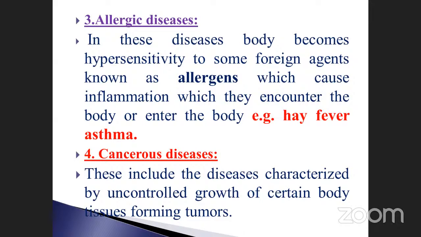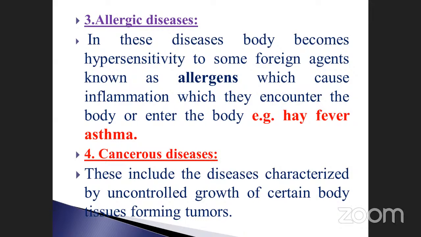We already discussed that pollen grains also induce allergens, which cause inflammation when they enter the body. Examples are hay fever and asthma. Those who are working in asbestos industries, cement industries, and cotton industries easily catch hay fever as well as asthma due to the allergens. Small particles are there. Just take an example. So many allergens are there.